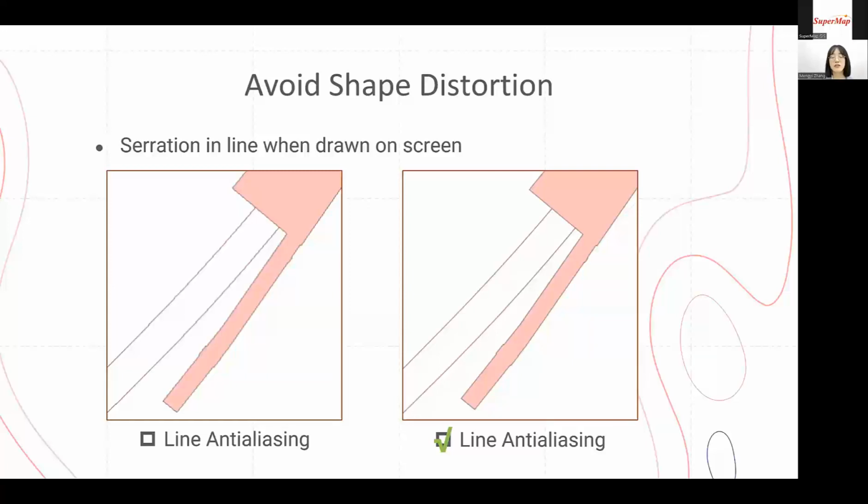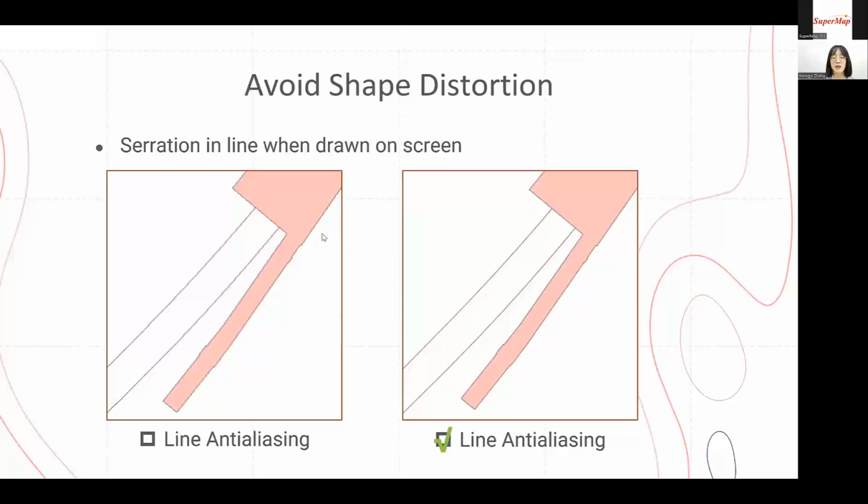Here, some of you might have noticed that if you zoom really close to a feature, sometimes you can see the selection in lines, like we show in the picture on the left. It is not quite clear, and sometimes it just does not look that appealing.